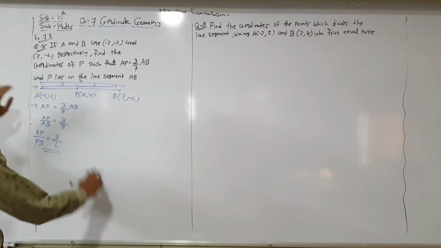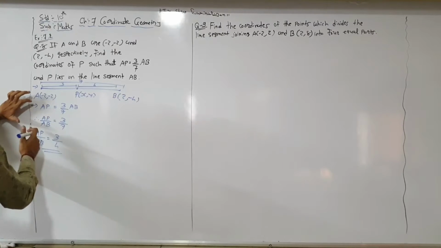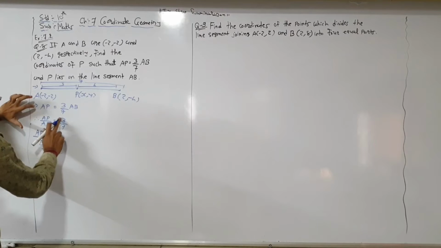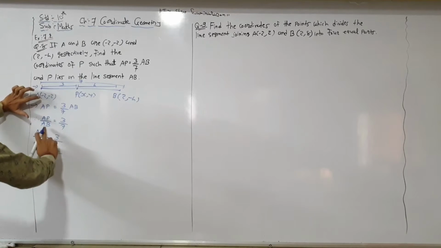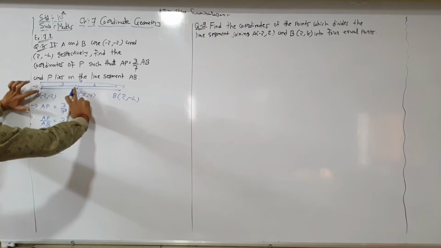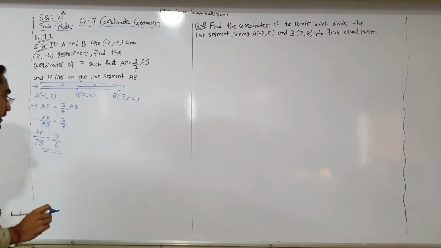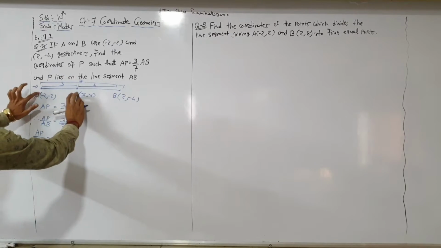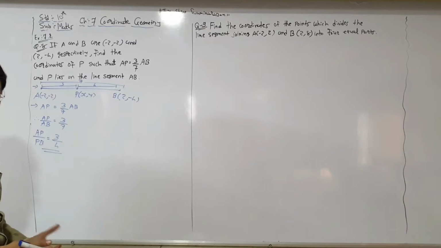Okay. Again I repeat. AP is equal to 3/7 AB. Transfer this AB here. So AP upon AB is 3/7. Now AP has 3 parts and AB has a total of 7 parts. So the remaining 4 parts are for PB. So we want the ratio of AP upon PB. Okay, what ratio do we need to use in the section formula?